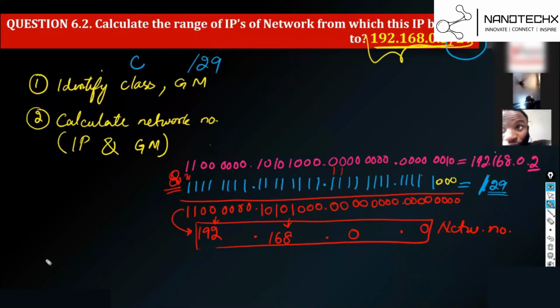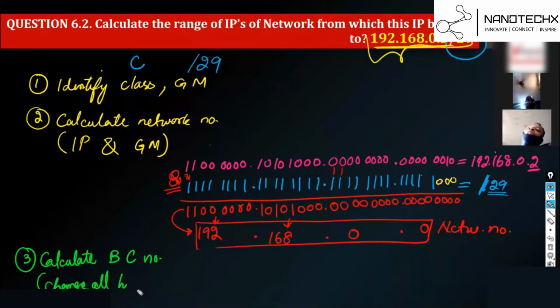Now step number 3 is calculate the broadcast number. Broadcast number means the last IP address of the range it belongs to, right? So what is the method? We have to change all host bits to 1. That's all.